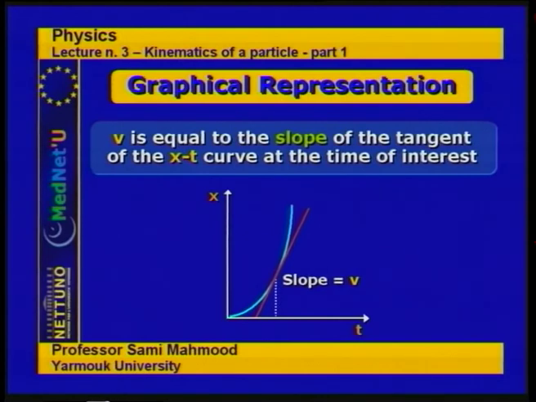So if we have the position of the particle as a function of time on a graph, then we can evaluate the instantaneous velocity at any point in time by simply taking the tangent to the curve at that point in time.